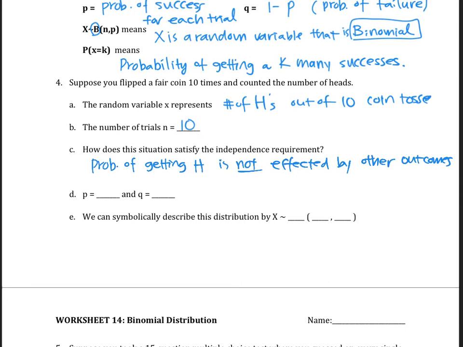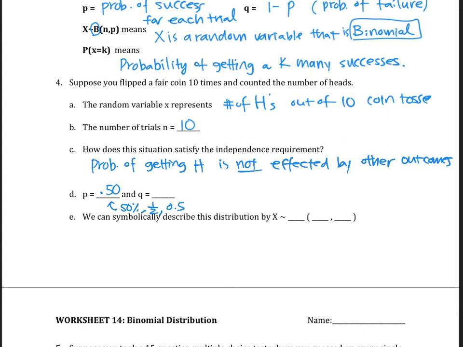That's the definition of independent events. P here is the probability of success on each trial. Each time I flip a coin, there's a 50% chance, so it's 0.50. You can say it's 50%, or 1/2, or 0.5. They're all the same thing.